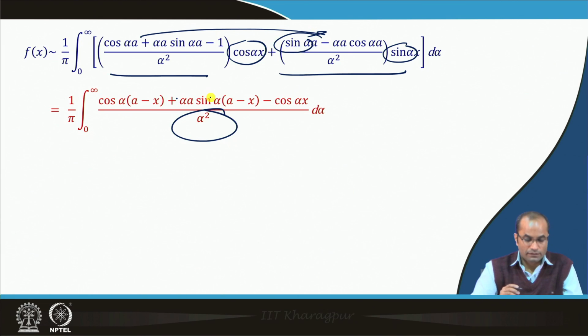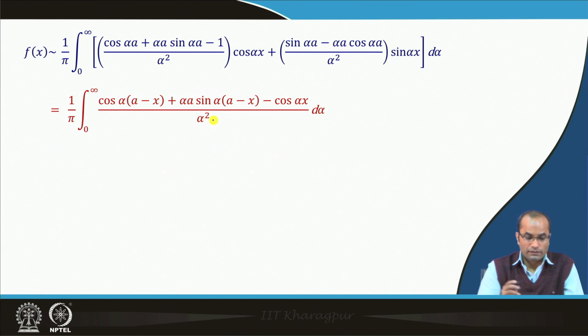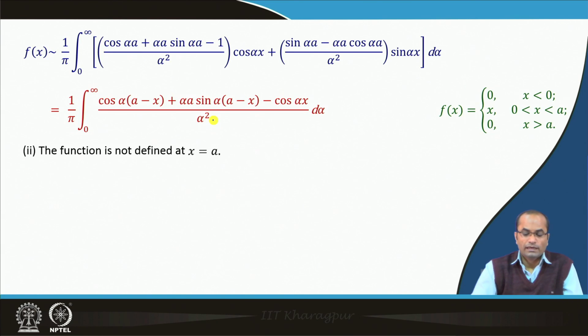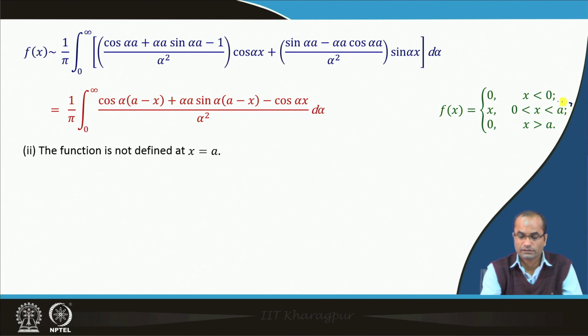So, that can be simplified to give this expression for f(x), and you just recall that f(x) was defined in this way. So, in 0 to a the value was x, otherwise it was 0. So, we should note that the function is not defined at x equal to a.